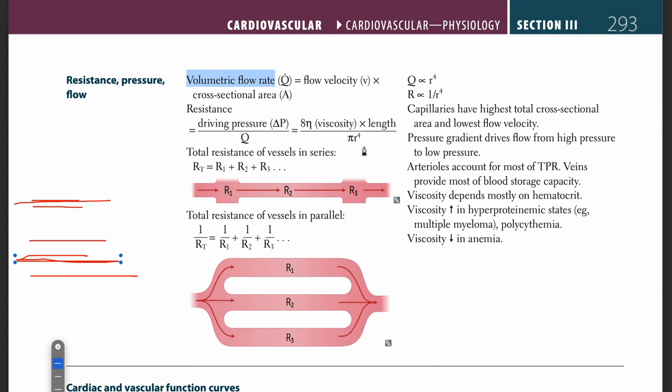Okay. In this formula, you need to remember that resistance is proportional to 1 over pi r to the power of 4. So whatever you have, you have to multiply it by itself 4 times, or they'll give you a radius, like 2 mm or something, right?